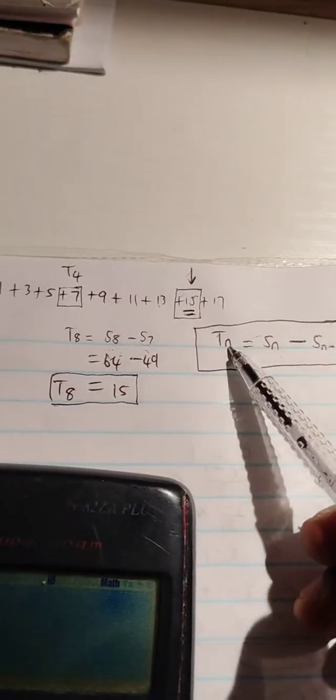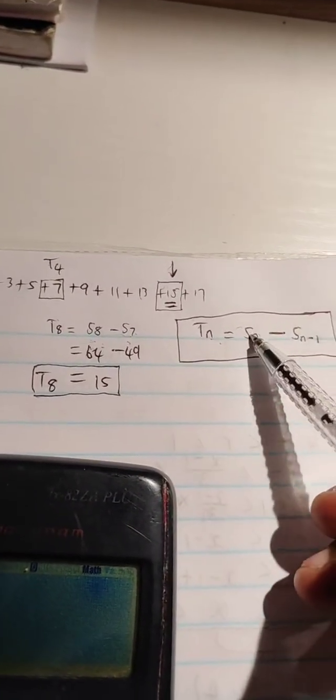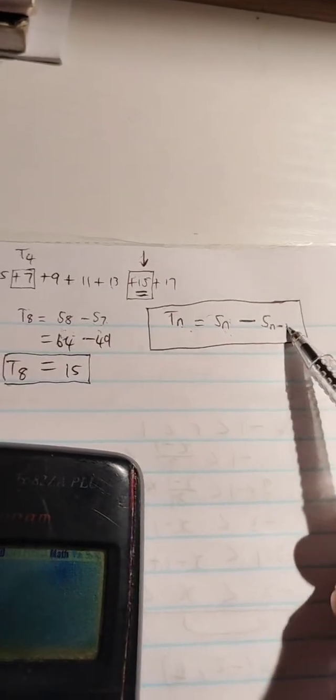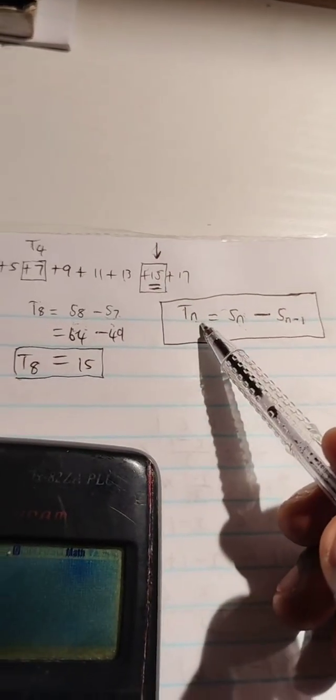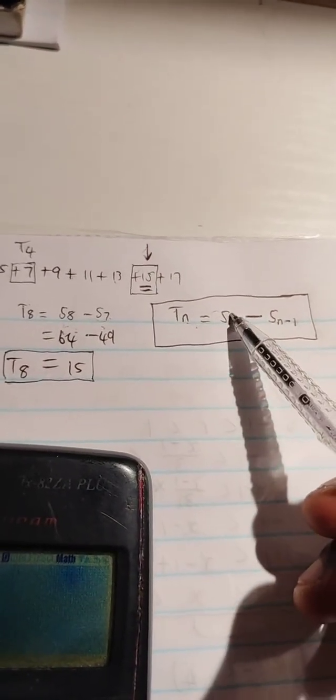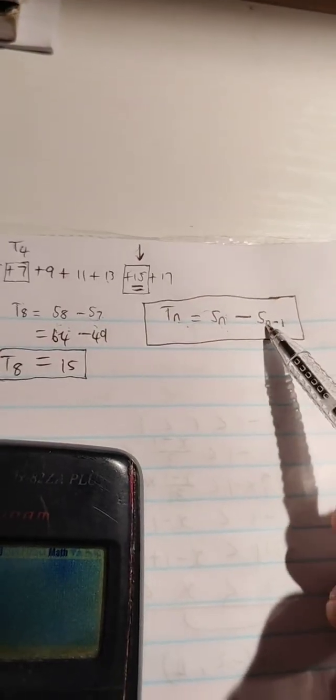Remember, if we substitute 8 here, then it's 8, but then 8 minus 1 will give me 7. If I want term 5, I substitute S5 here, but then it's going to be 5 minus 1, which is S4.